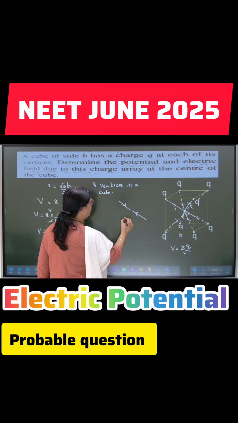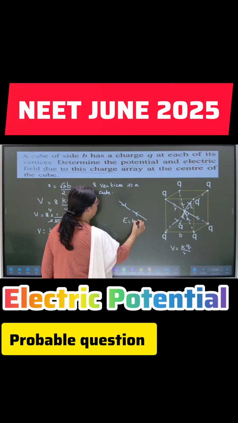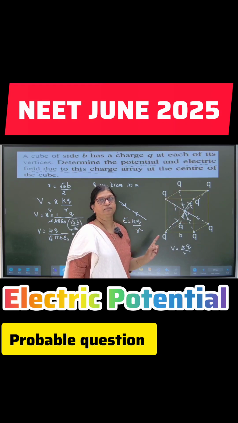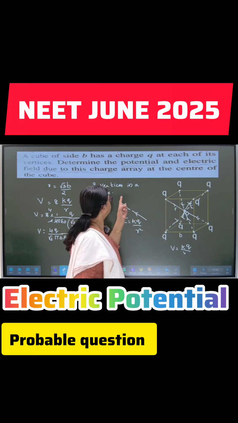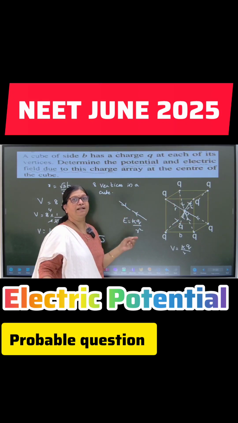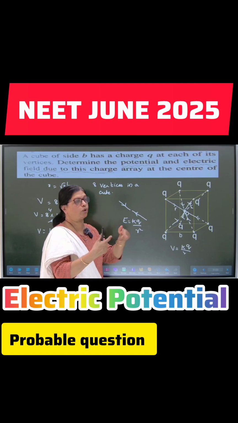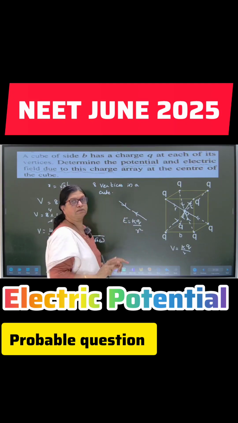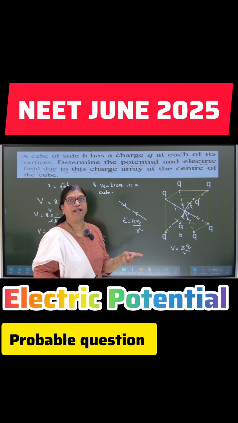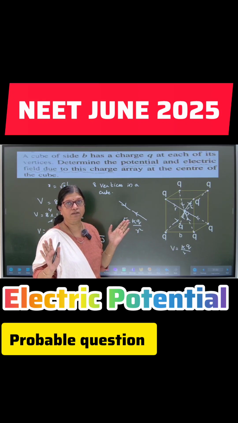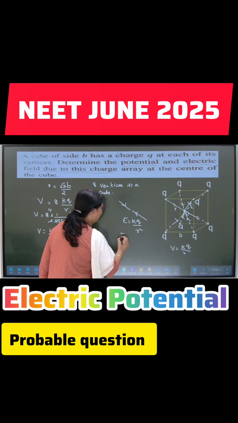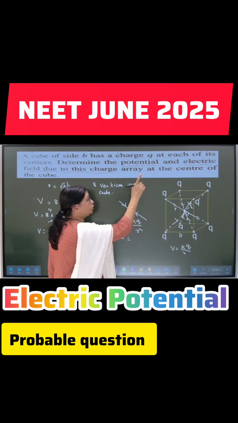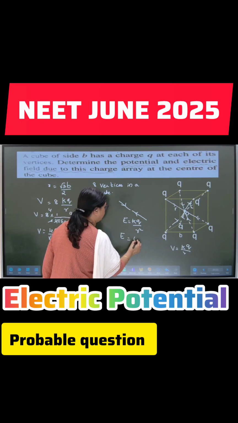What is the formula of E? Electric field E is equal to KQ upon R square. Q is same. Distance is also same. Directions are opposite on each line joining the vertices between two charges. Then on that particular line, the electric field will cancel out each other. Therefore, the net electric field at the center due to these charges on the vertices is 0.